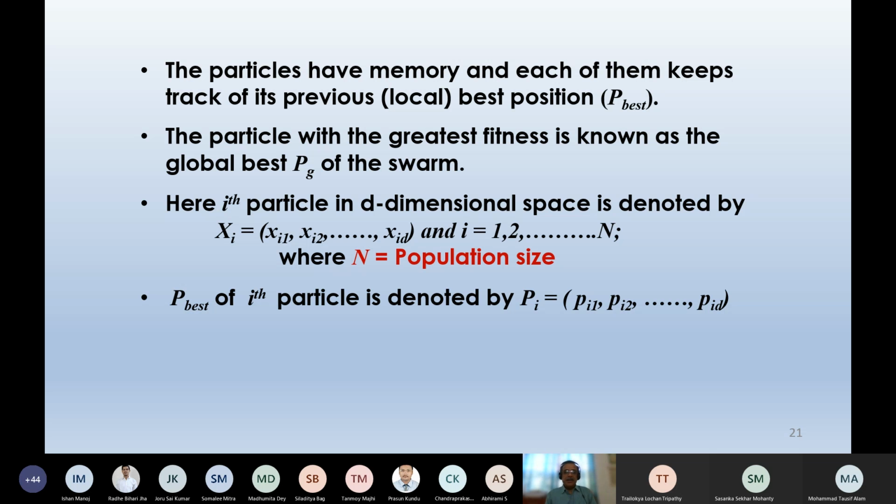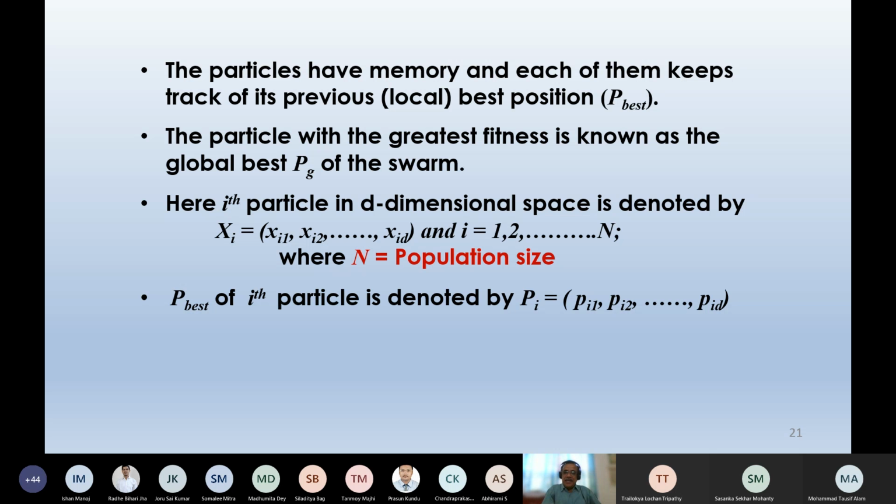Now here there is one plus point. The particles have memory and each of them keeps track of its previous local best position. This is very important, and that is actually the weak point of genetic algorithm. The solutions of genetic algorithm do not have memory, but here in particle swarm optimization the particles or the solutions have memory, and each of them keeps track of its previous position, and that particular position is nothing but the pbest.